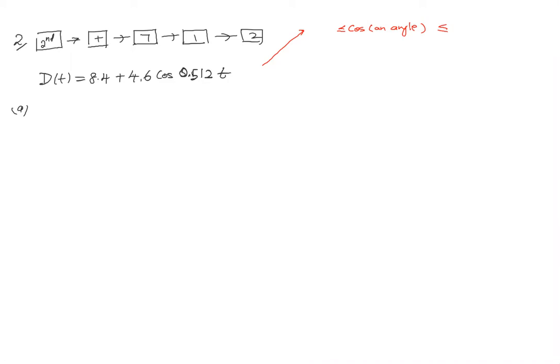For cos of an angle, the minimum value is -1. Highest? 1. Okay, so for this case, what is the maximum value for D? 13.